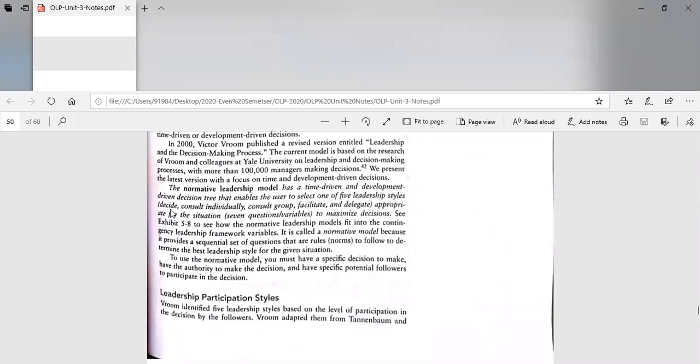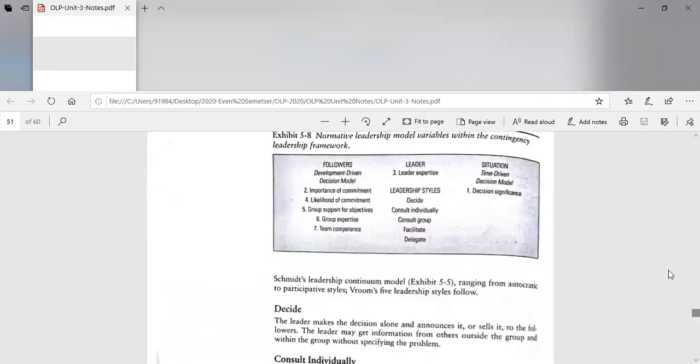Already we have discussed how to decide: decide, consult individually, consult group, facilitate and delegate. You can exercise these 5 leadership styles according to this model, appropriate for the situation. Situation: 7 questions or variables we have just now discussed. You can see this in this table, or in the box they have given. The situation is time driven.